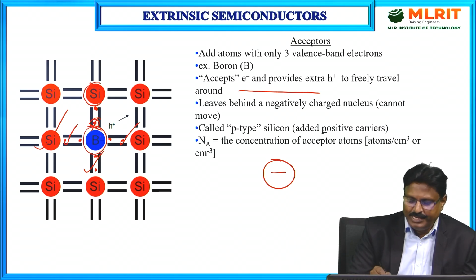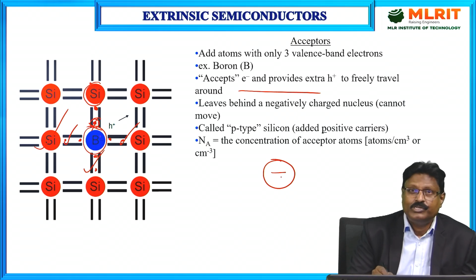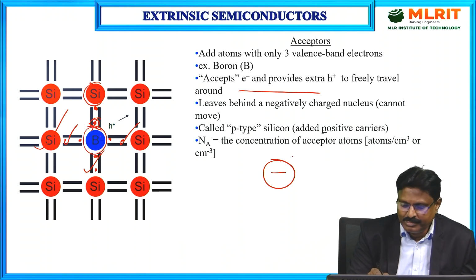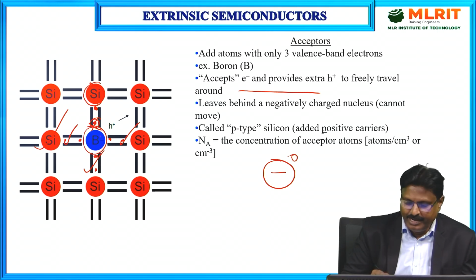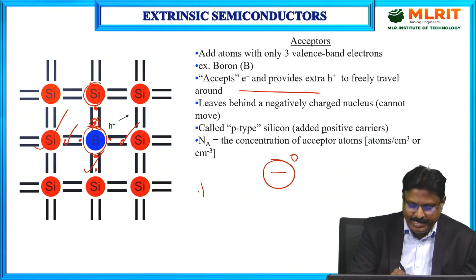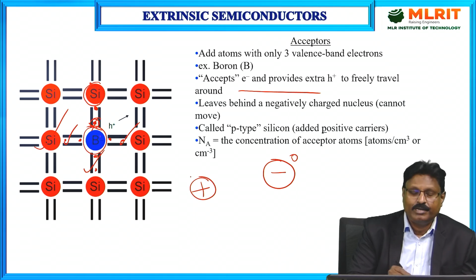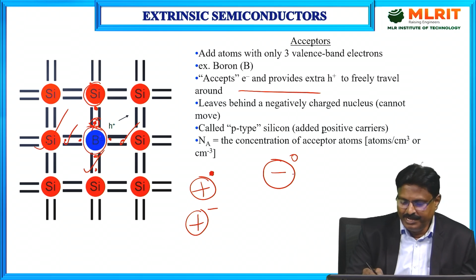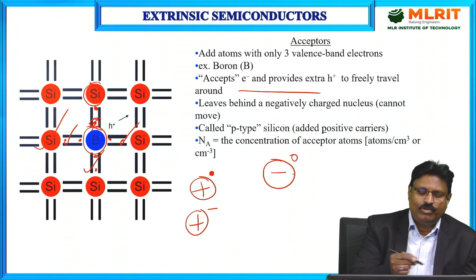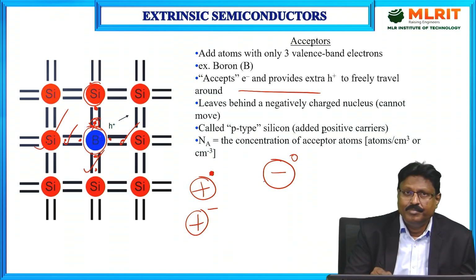So that's why it is becoming a negatively charged ion covered with hole. Earlier in the N-type semiconductor, it is represented as a positive ion covered with electron. Whereas here it is donating 1 hole, so that's why it is becoming a negative ion covered with hole.